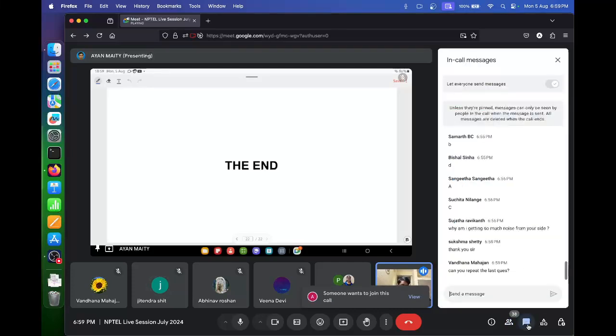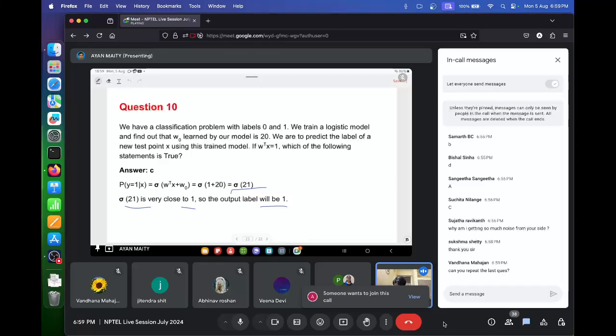Okay, if there are no other questions, then... Vandana says, can you repeat the last question? So the last question: sigmoid of W transpose x plus W0 is what we calculate as the output of the sigmoid neuron. This is 1 and this is given as 20.